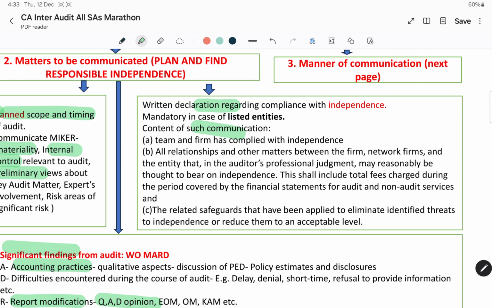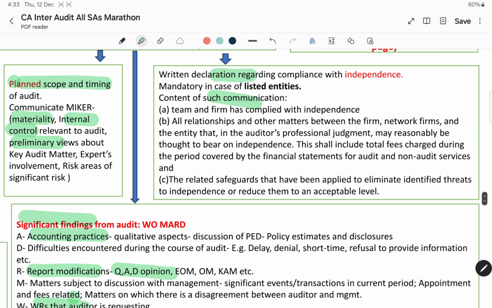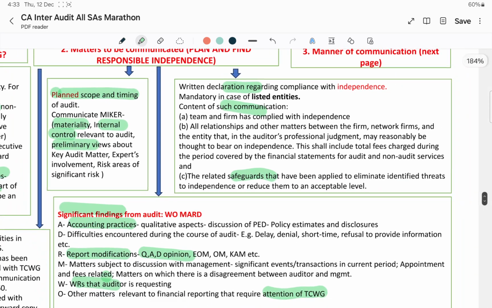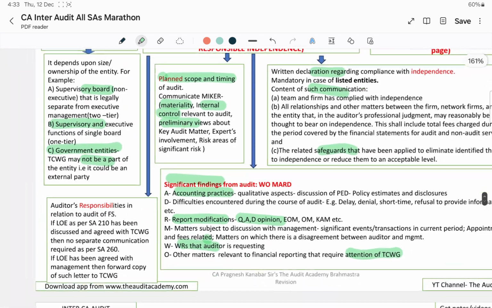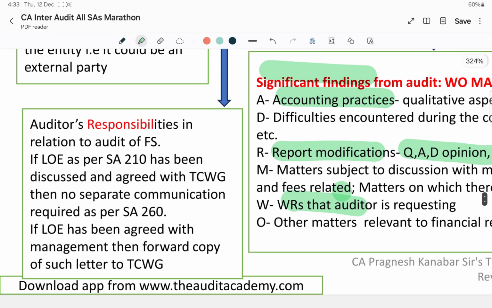They shall include total fees charged during the period covered by the financial statements for audit and non-audit services and related safeguards that have been applied to eliminate the identified threats to independence or reduce them to an acceptable level. Auditor's responsibilities in relation to the audit of the financial statements.